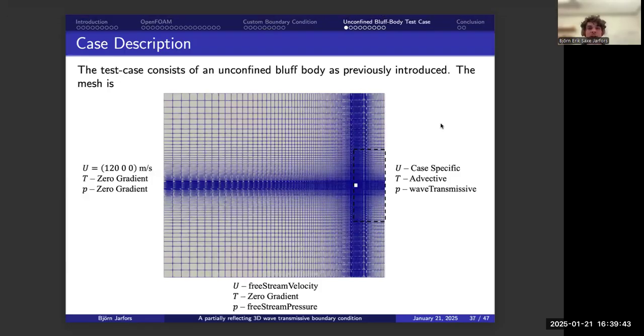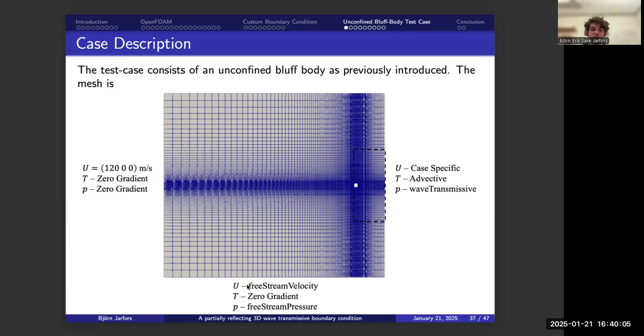It consists of an unconfined bluff body, as previously introduced. It's the same case as Leandro ran here, where we have 120 meters per second in the x velocity as initial condition in the inlet boundary, with 0 gradient for temperature and pressure.